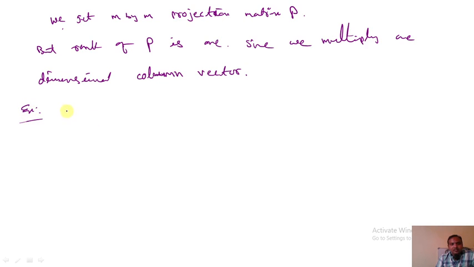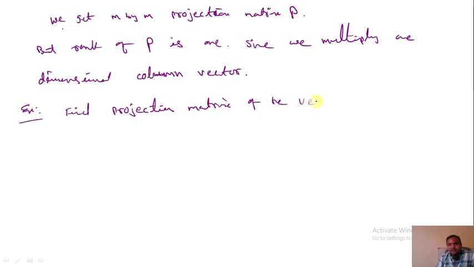Suppose we find the projection matrix of the vector 1 1 1. So, to find the projection matrix, the projection vector is this one.